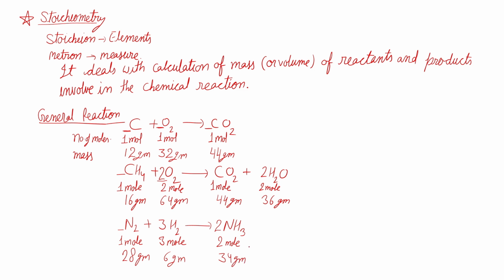Okay. So it is the basic, you can say, formula reactions which will not be given to you generally. So you have to memorize these reactions. Okay. Now let's move here.